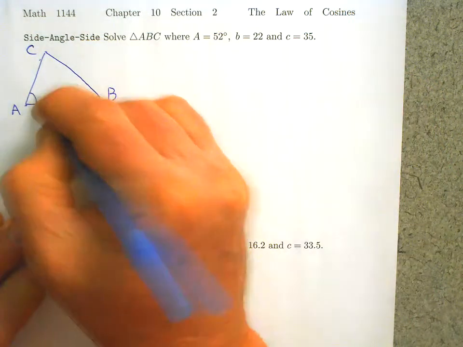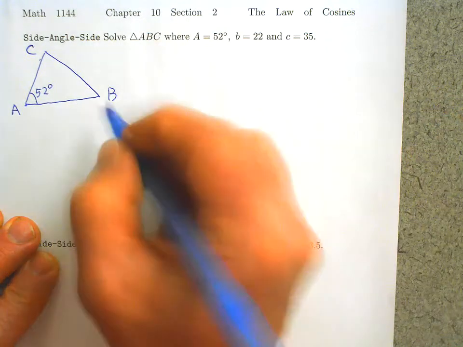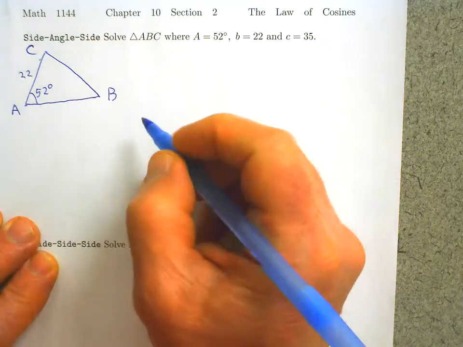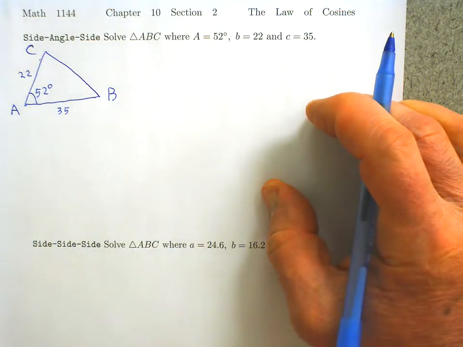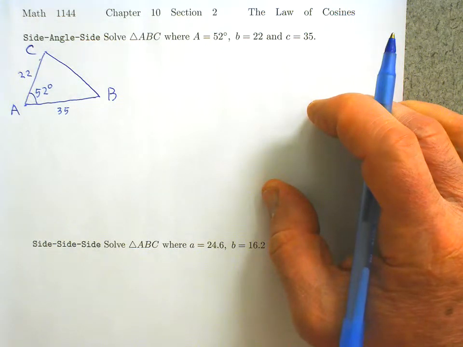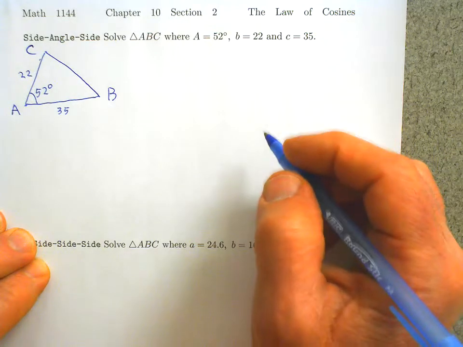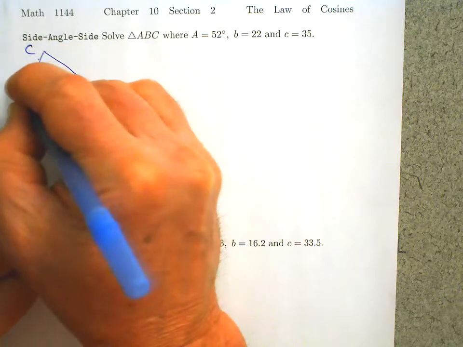Angle A is 52 degrees, and the side opposite angle B is 22, and the side opposite angle C is 35.